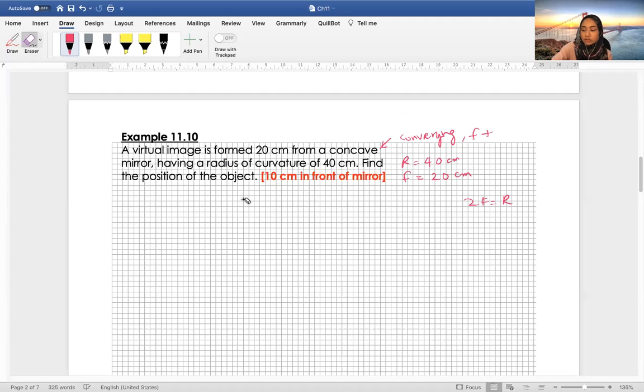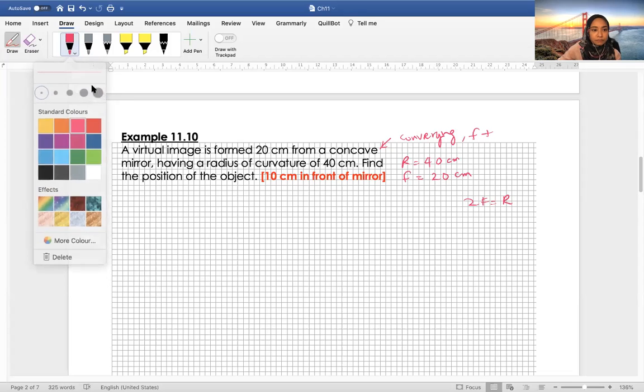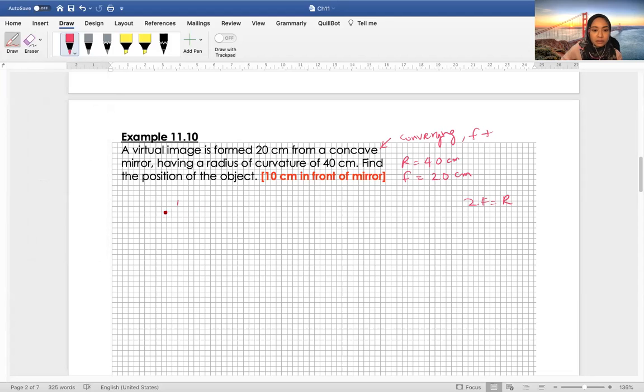So can we solve this using the equation or can we just draw the ray diagram? Don't know, let's do it. I haven't done it myself. 1 over U plus 1 over V equals 1 over F. It's a concave, so it's converging, so our F should be positive.